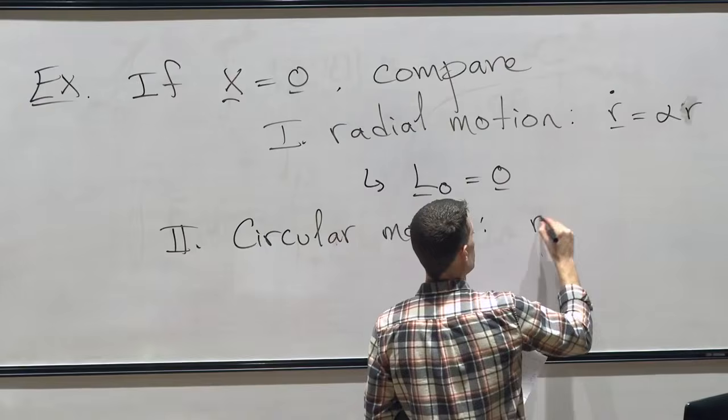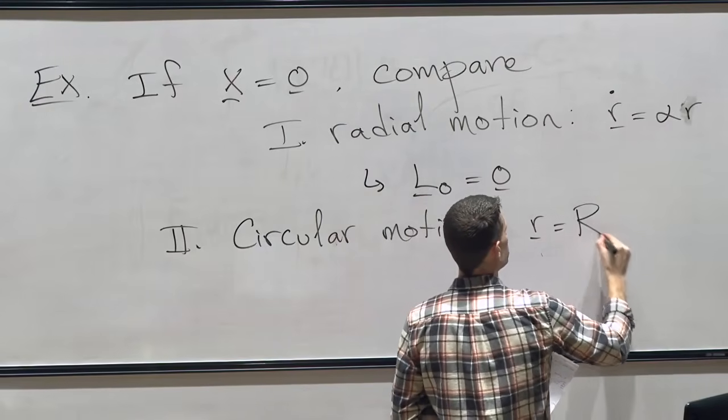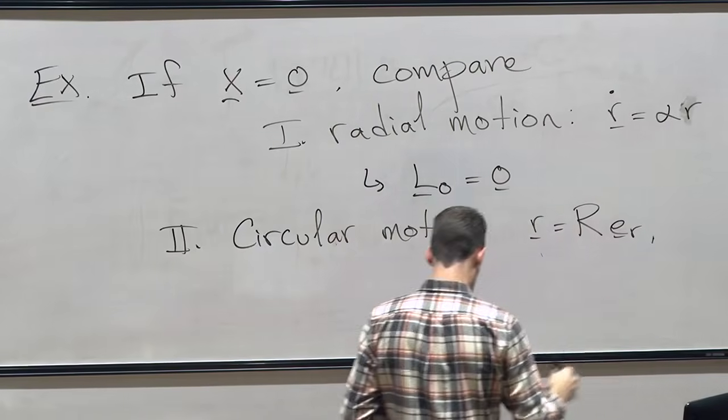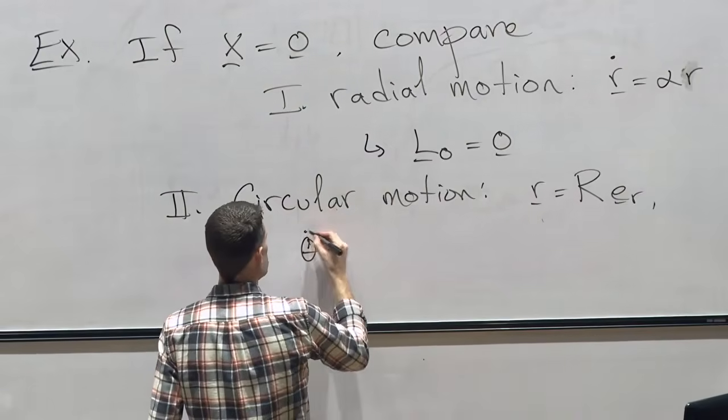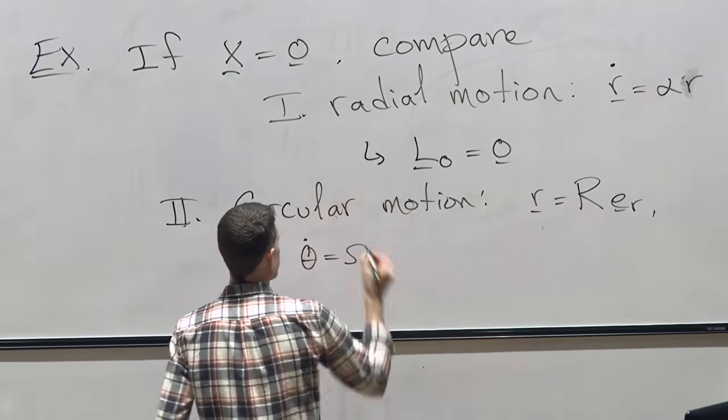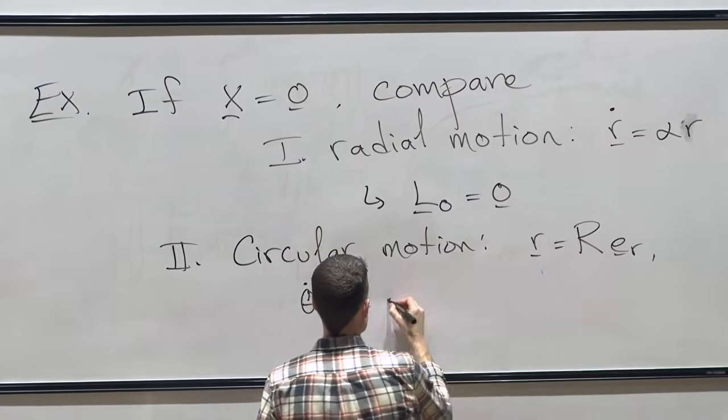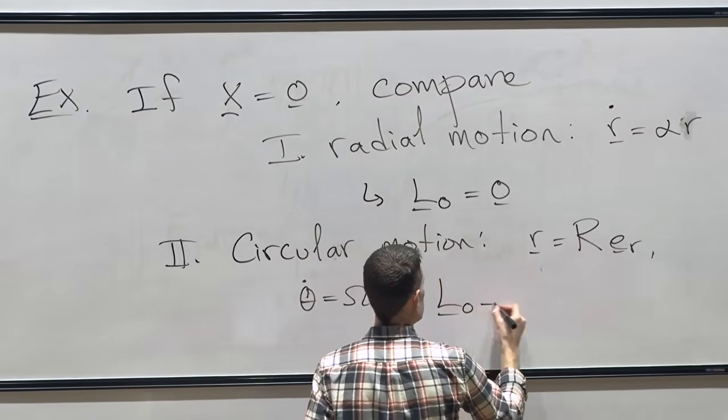that's where I have r as some fixed radius, R e_r, and theta dot is omega, then L0.